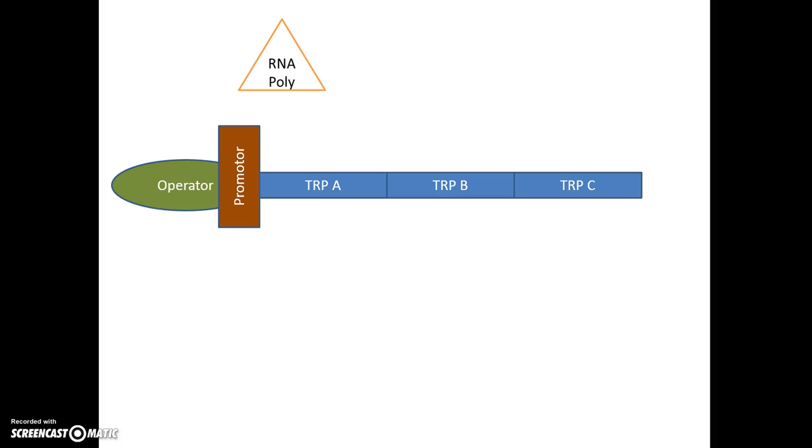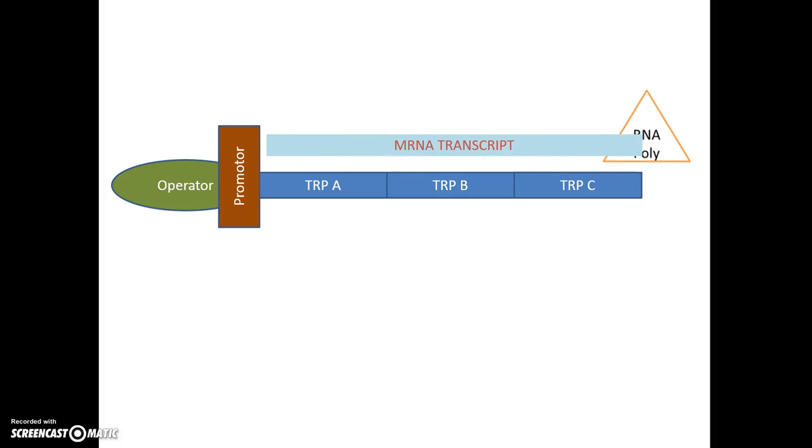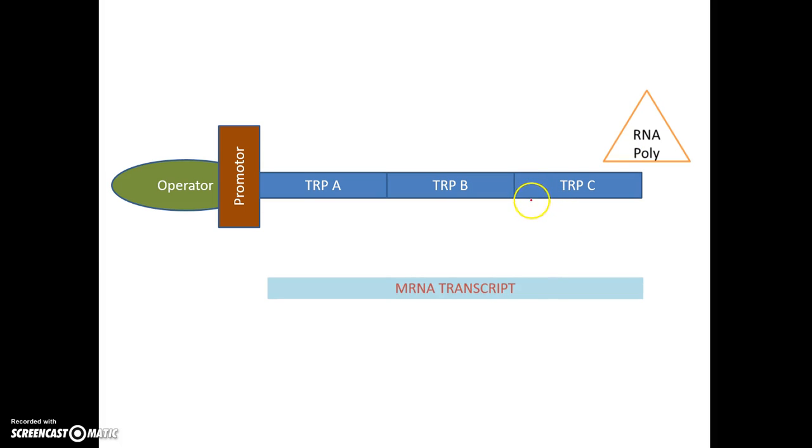At first glance, it looks very similar. We've got the promoter, operator, and 3 genes. These genes code for the enzymes that produce tryptophan. Normally this whole thing is on and we're going to pump out tryptophan-producing enzymes.